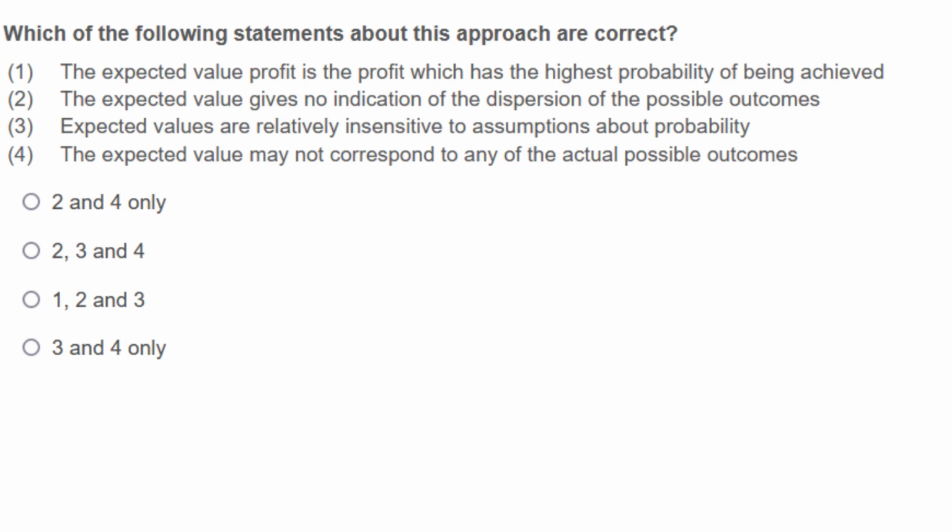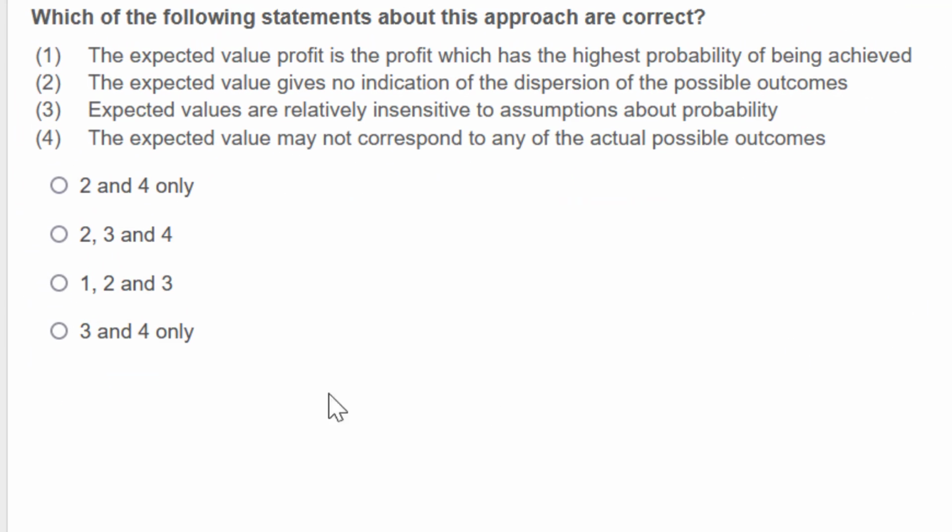What can we eliminate? Well, let's look at statement 1. The expected value profit is the profit which has the highest probability of being achieved. Nope, it's the weighted average of the profits. So it cannot be option 3. 3 goes out, and 4 remains.